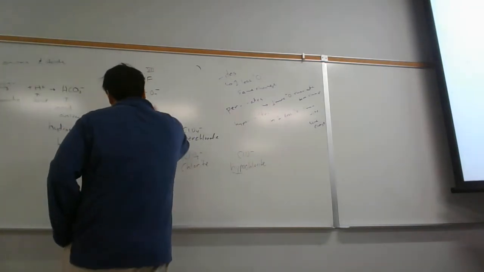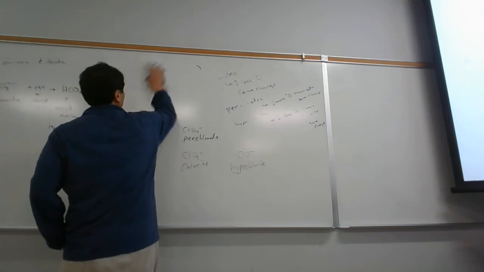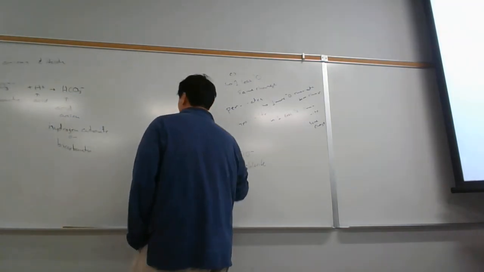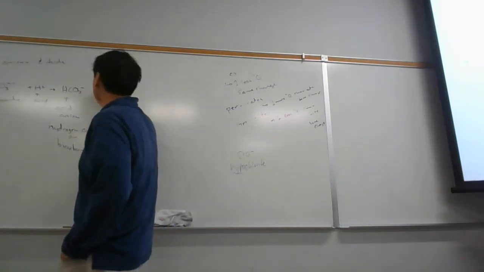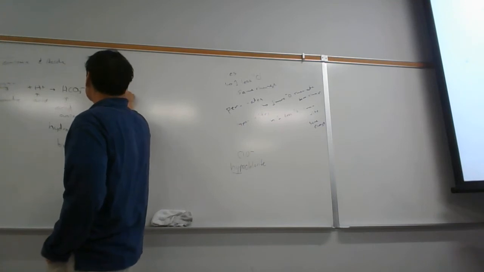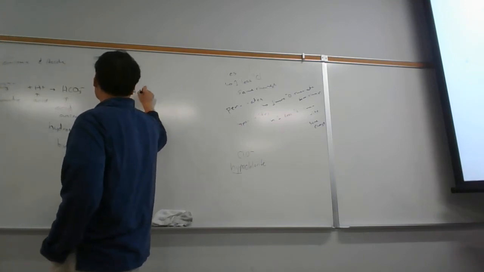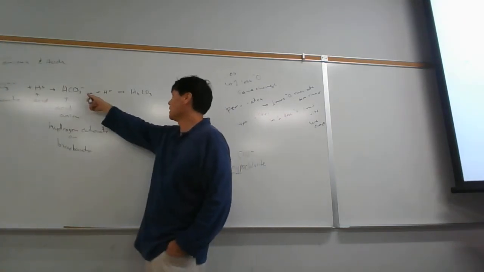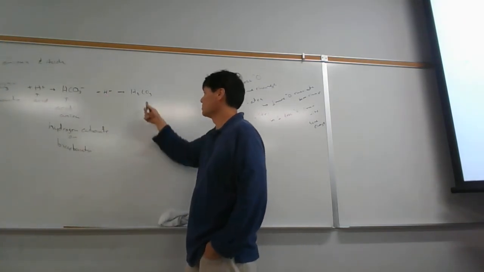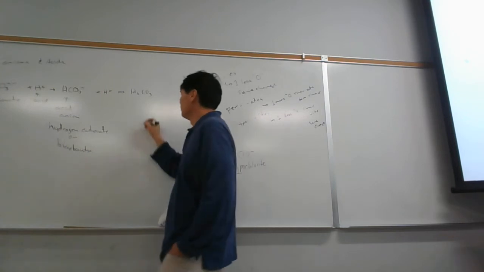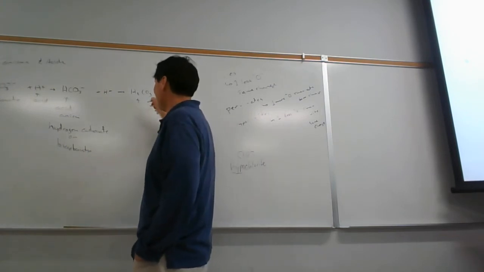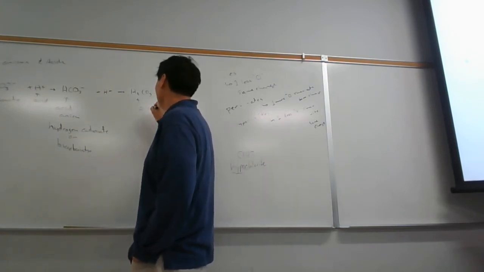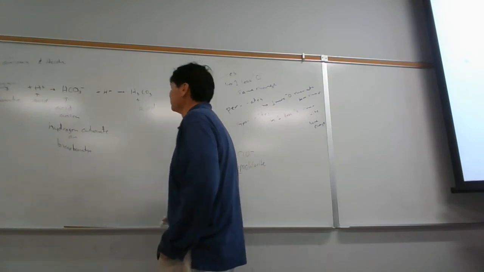If I try to add another H plus, then what I form is an acid, not an acid anion. So if I try to add another H plus, I'm going to get H2CO3. And that negative charge is going to be canceled out by this positive charge here, and this is going to be neutral. Acids are not going to have any charge. They're going to be neutral.